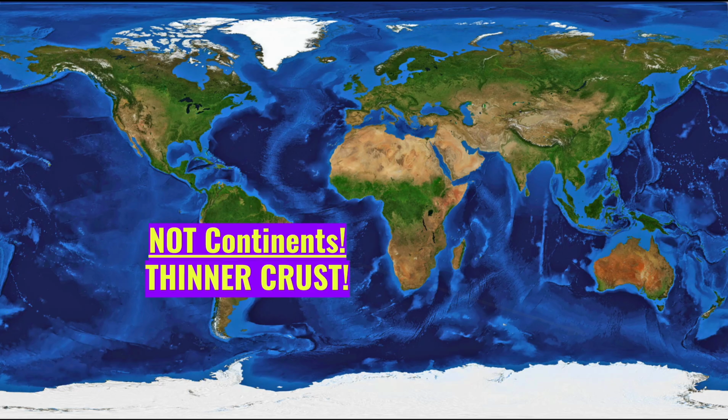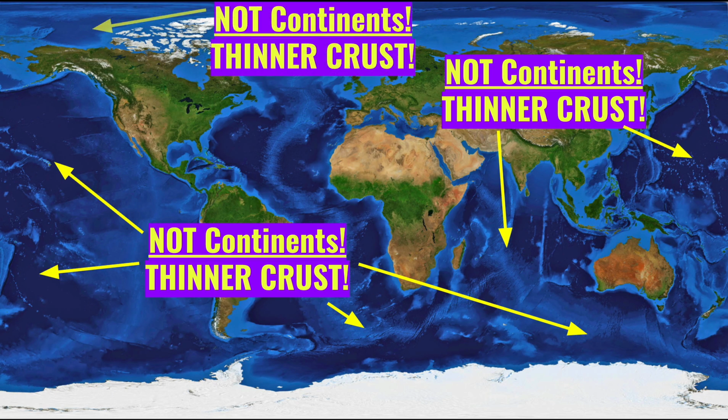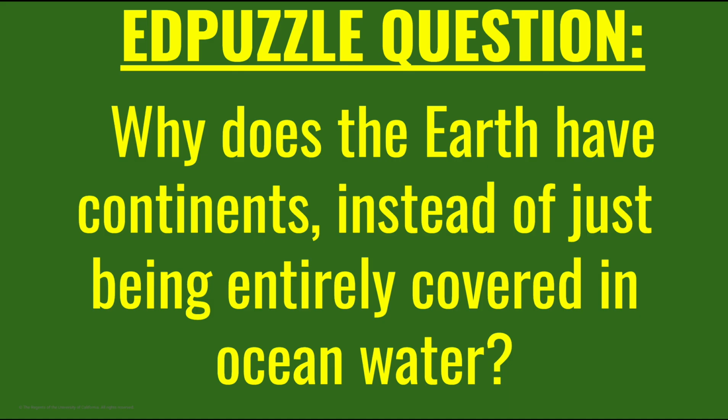And if we look at these parts of the ocean, it's ocean water, yeah, but underneath there is just thinner pieces of the Earth's tectonic plates. These thinner pieces don't stick out above the surface of the ocean. Instead, they're hidden under the water. Anywhere you see oceans on planet Earth, there's crust under there, there's rock under there. It's just thinner, so it's covered by water. Kind of cool, huh? Okay, answer this Edpuzzle question now.